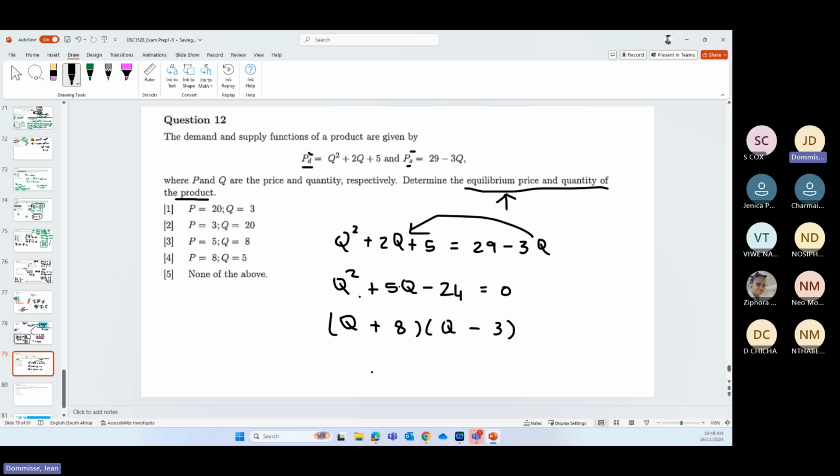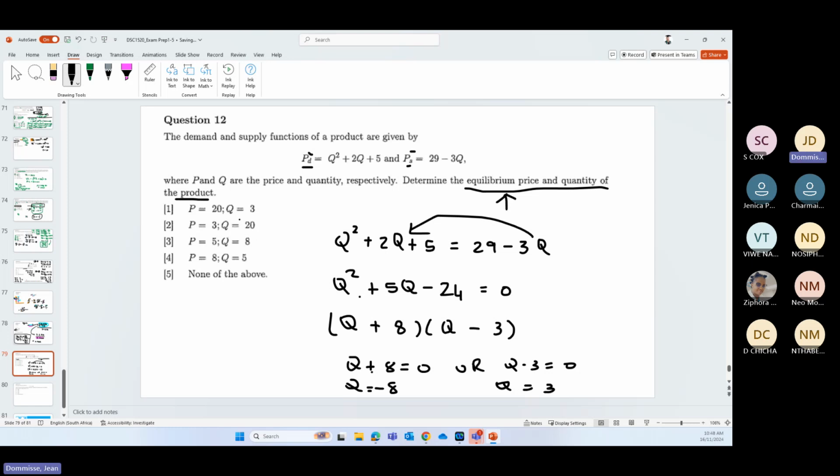Okay, so to get to this, Q plus 8 is going to be 0, or Q minus 3 is going to be 0. So Q is going to be minus 8, or Q is going to be 3.